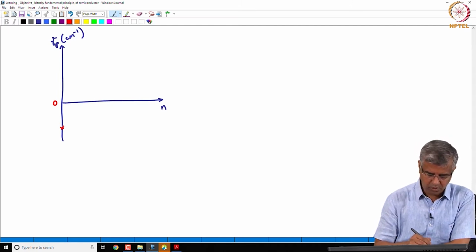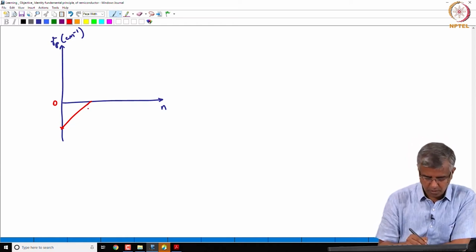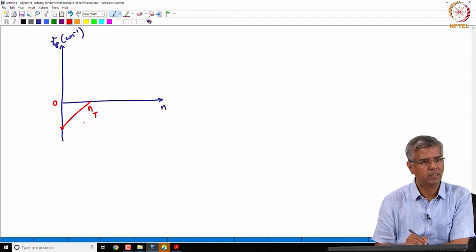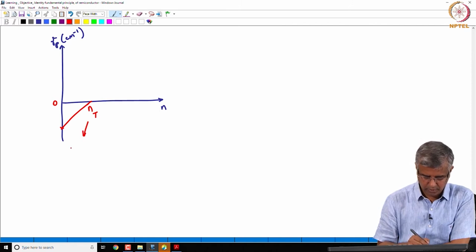And then as you increase, you get to a point which corresponds to NT, and this is actually called transparency.